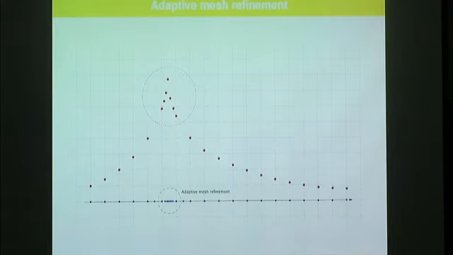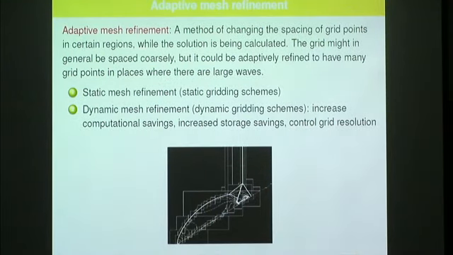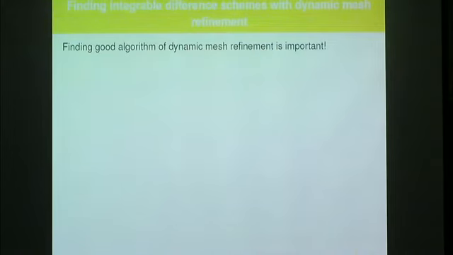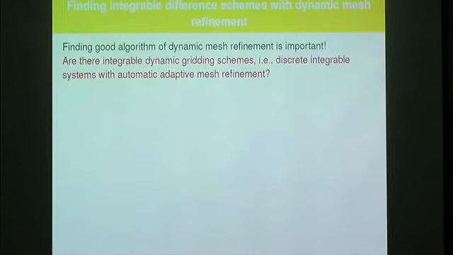So usually in engineering and computational physics, making a good algorithm for adaptive mesh refinement is very difficult. They are trying to make a good algorithm right now. So we thought that finding a good algorithm for dynamic mesh refinement is very important for numerical computation. And then we thought, are there integrable dynamic gridding schemes?